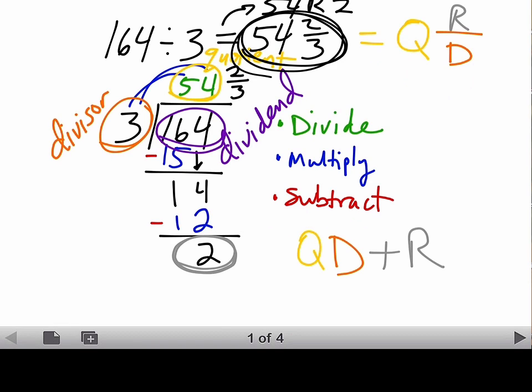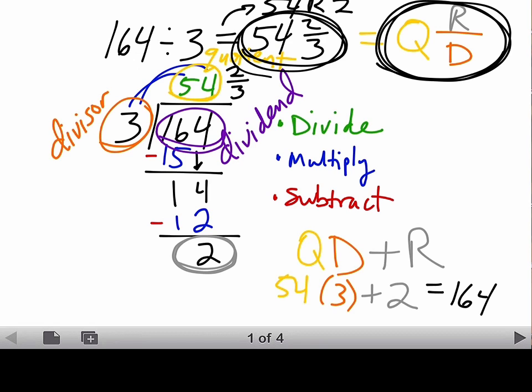And in this case, what that would look like is 54 times 3 plus the remainder of 2, and it's a quick computation to verify that the answer that we get is indeed what we started with, 164. But I want to point out, you got quotient and remainder over divisor. That's one way to express what we've done. And then a way to verify that our answer is correct is to multiply the quotient and the divisor and then add the remainder to the result.